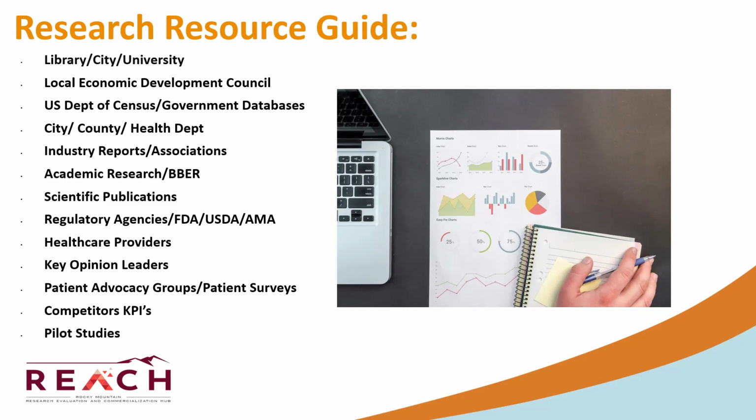And then scientific publications. I'm sure you all receive a ton of these. But really, combing through relevant materials can help with your application. And then regulatory agencies, FDA, USDA, AMA, often have free resources and reports that you can access.